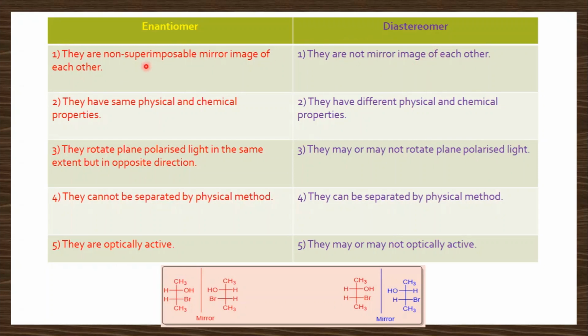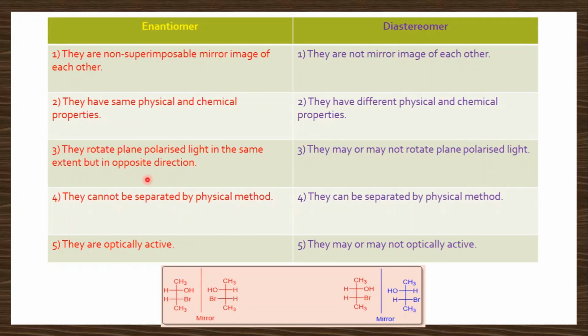The second difference is that enantiomers have the same physical and chemical properties, while diastereomers have different physical and chemical properties. They have different boiling points, melting points and different solubility in different solvents.